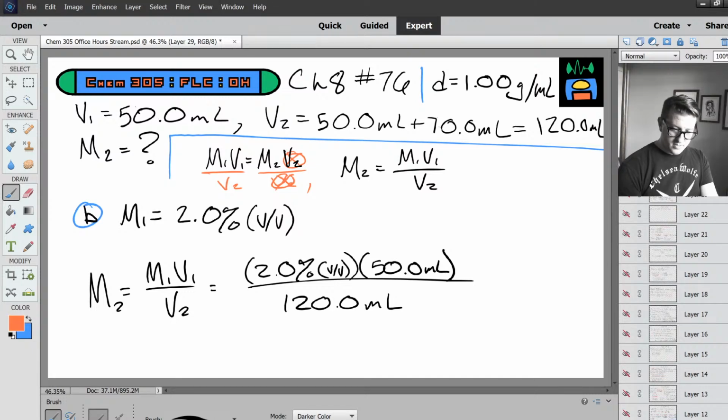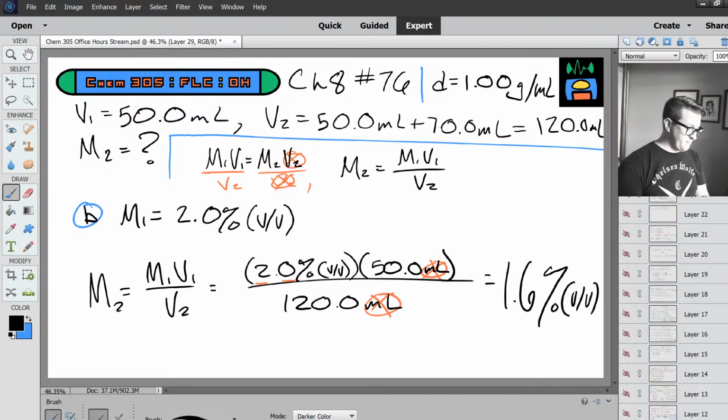And mL cancel mL, keeping two sig figs, 1.2% volume to volume. Yeah, we can totally do 73 next.